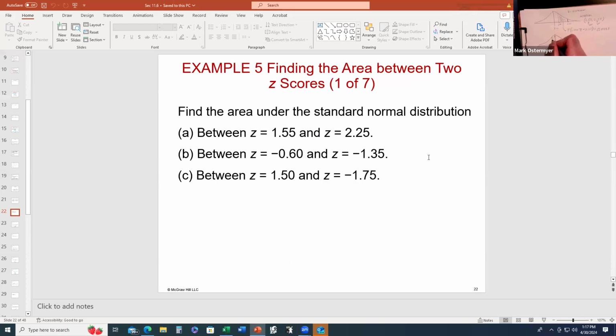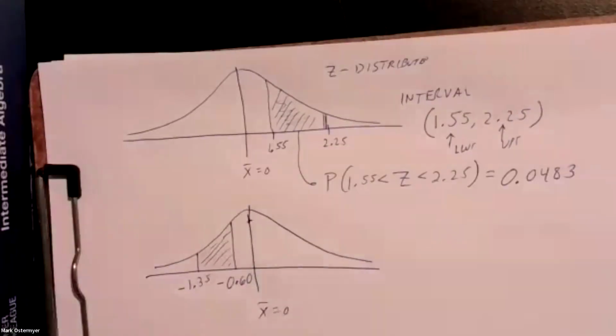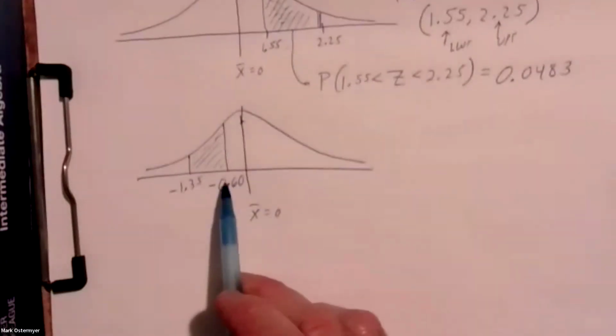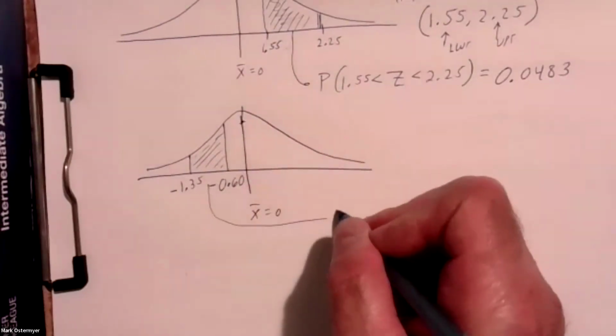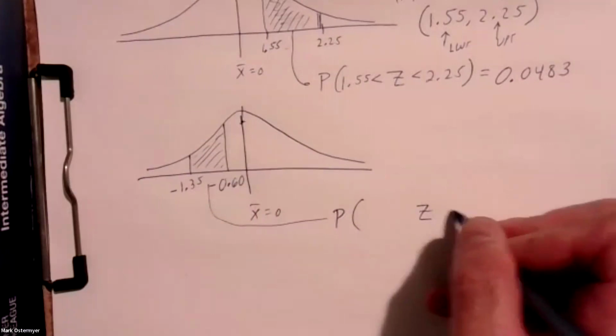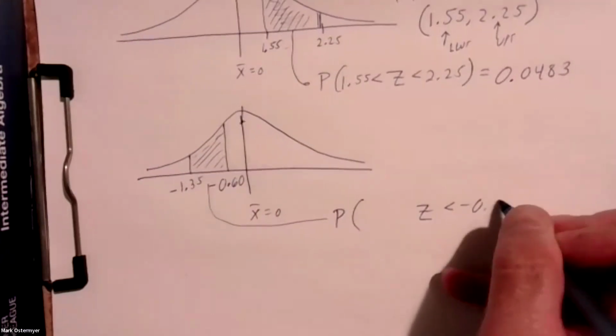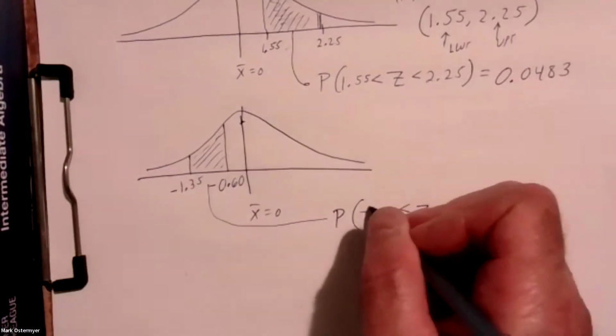So negative 0.60, being less than 0, is going to be to the left of the mean a little bit, and negative 1.35 is even further to the left of the mean of the standard normal distribution. So they want us to compute this area here between negative 0.60 and negative 1.35. This area is really equal to the probability that Z lies between negative 0.60 and negative 1.35.